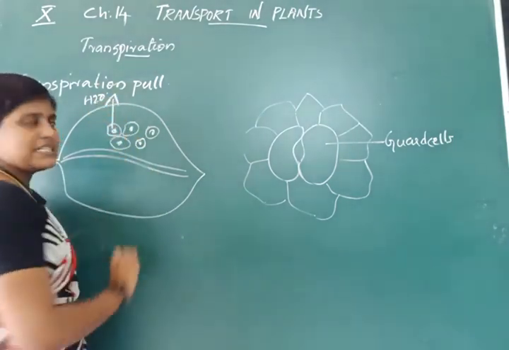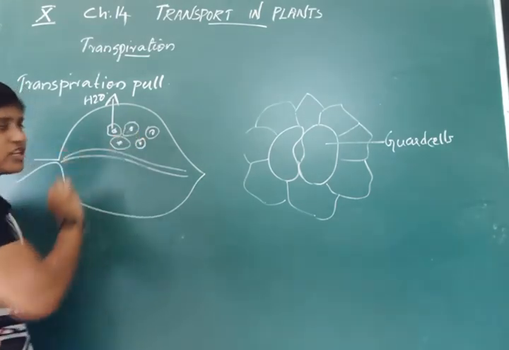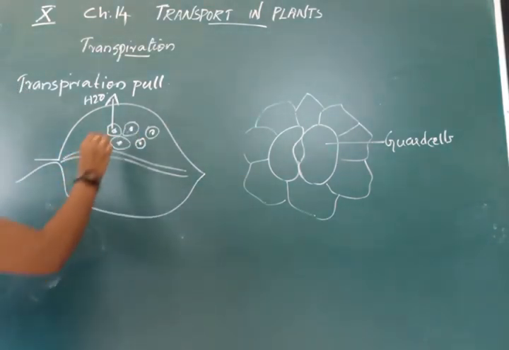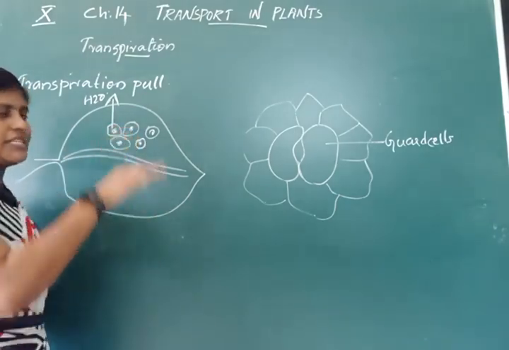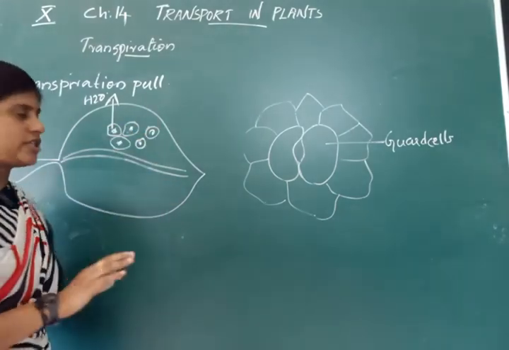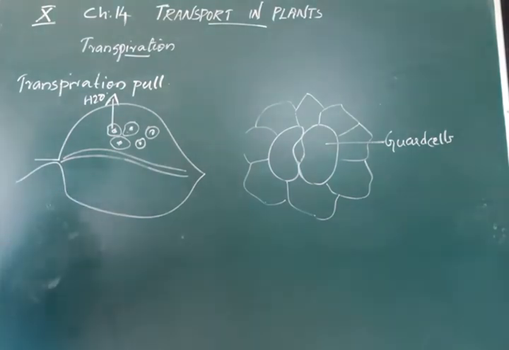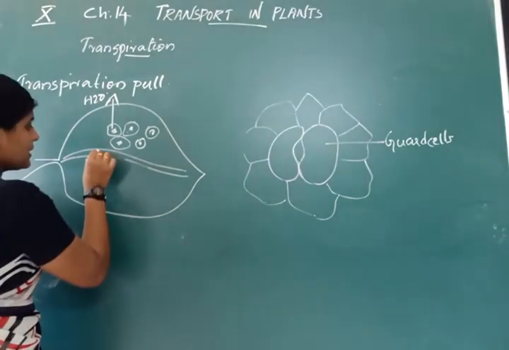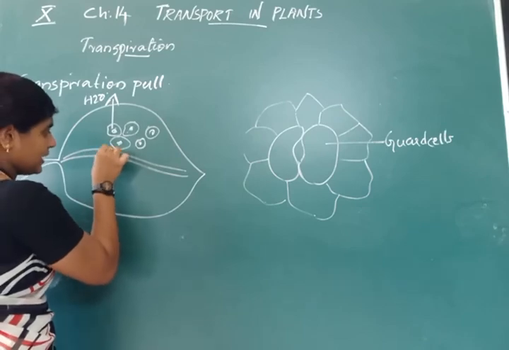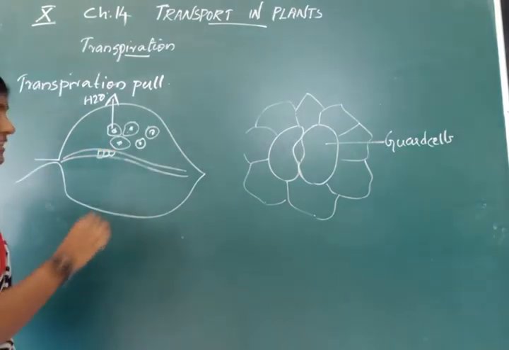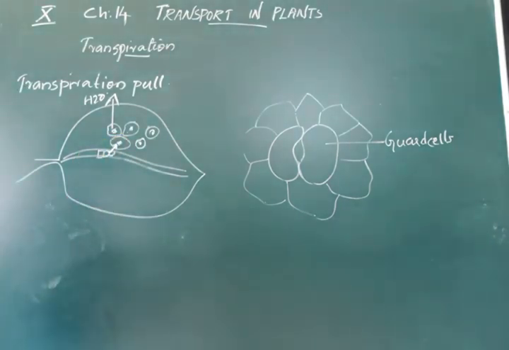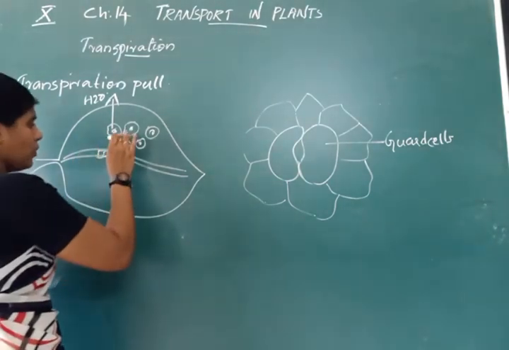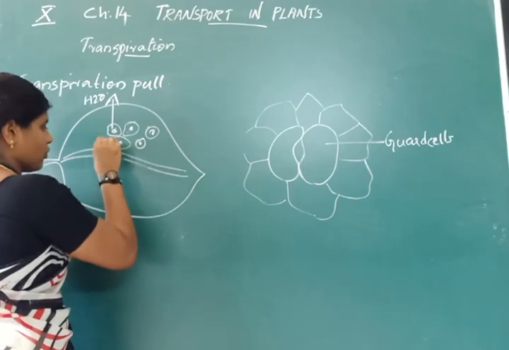As a result of this evaporation, the concentration of water in the mesophyll cells becomes lower. So, the xylem tissue present in the veins transports water to the mesophyll cells.